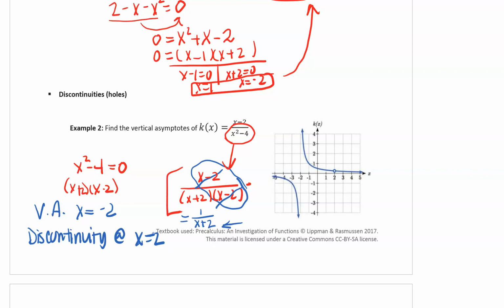The one that is left over is what's creating your vertical asymptote. You can see that here from my graph I have drawn. So I'm going to have a vertical asymptote here at x equals negative 2, the one that didn't cancel, and I have a hole here at 2 with the one that did cancel, or we call it discontinuity. So pretty interesting, just the way our functions are made up, we actually get characteristics from our graphs.